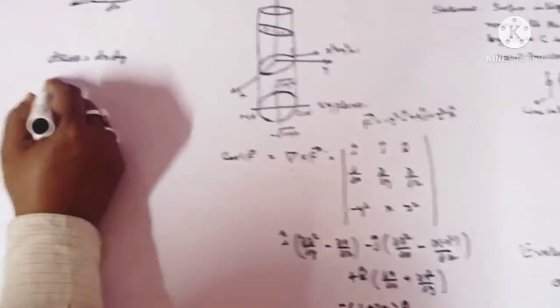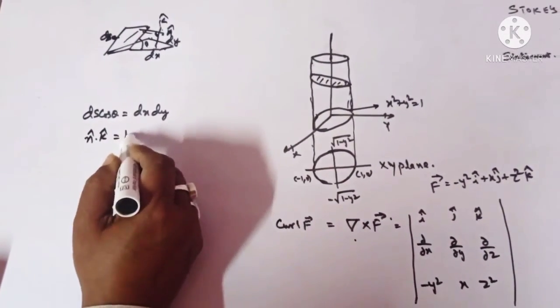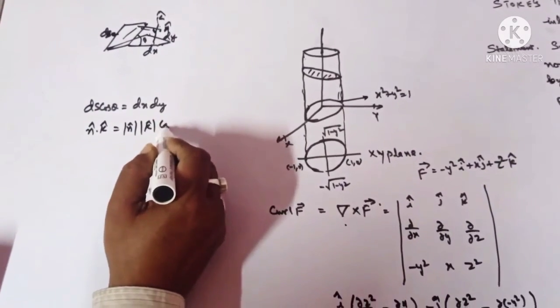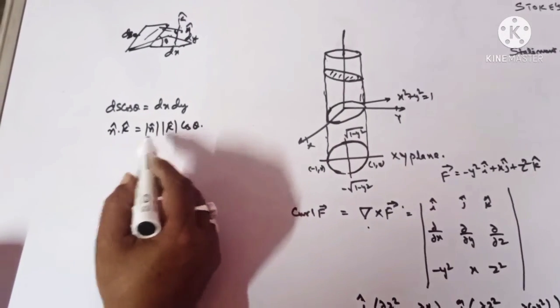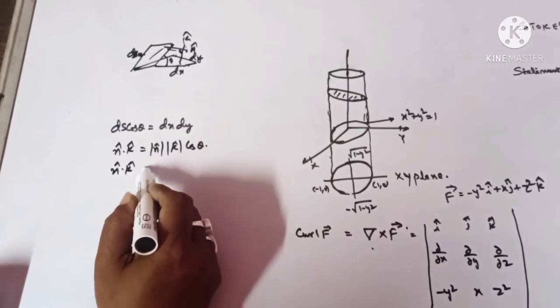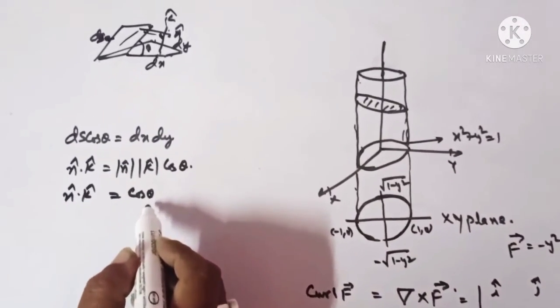So n cap dot k cap is equal to magnitude of n cap into magnitude of k cap into cos theta. Since these are unit vectors, n cap dot k cap is equal to 1 into cos theta, so the value is cos theta.